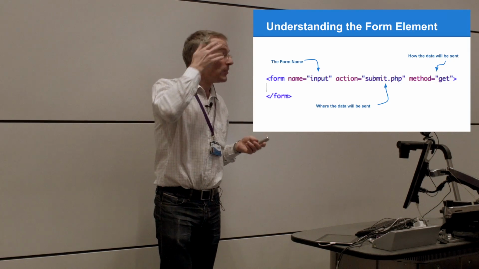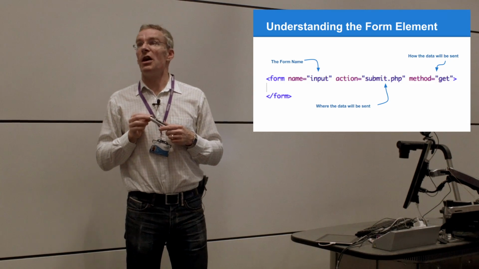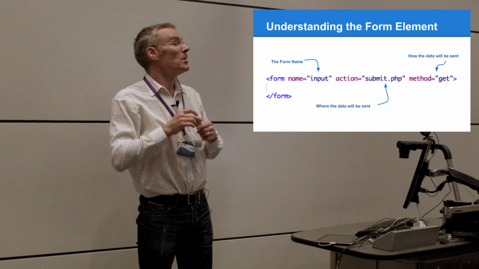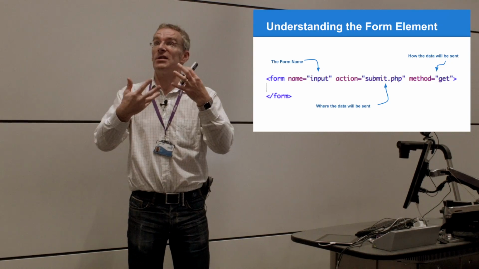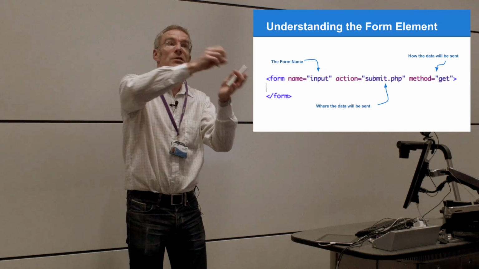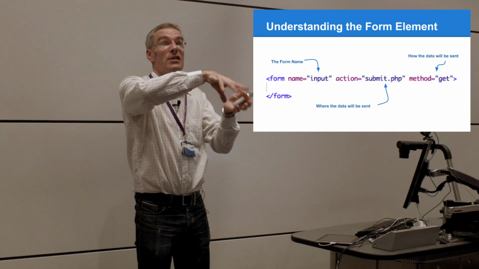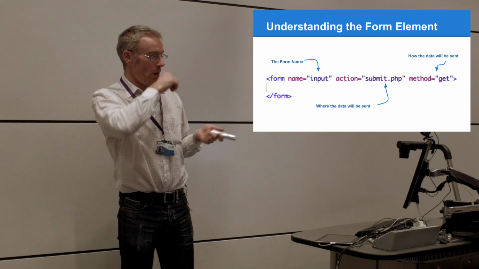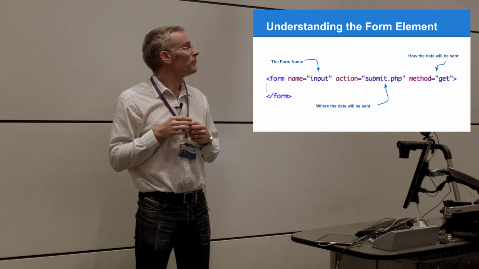The action is where do we want the data to go to? And in our form, we're going to have a processing script, a special page. It doesn't display anything, it simply takes the data, inserts stuff into databases, checks data, and then bounces the user somewhere else so they can continue what they're doing. And the bit at the end, the method, that is very important.